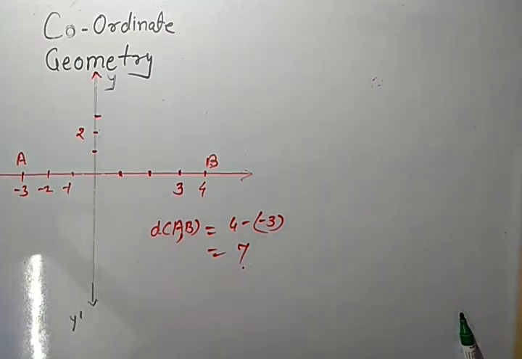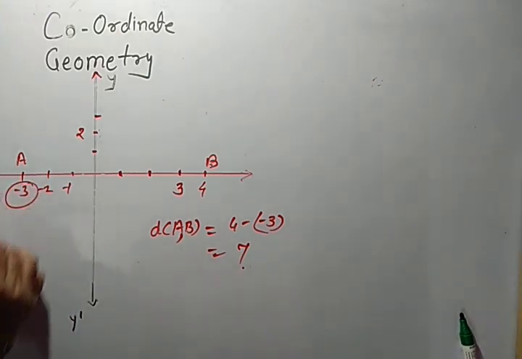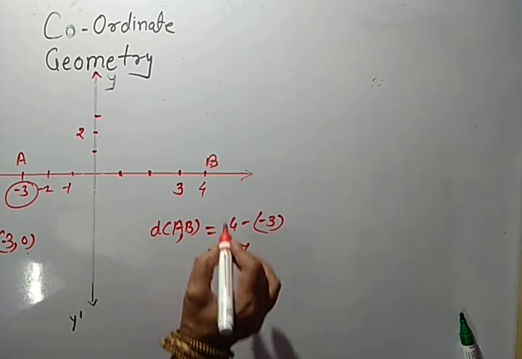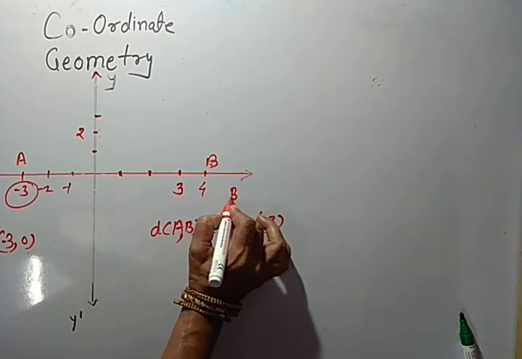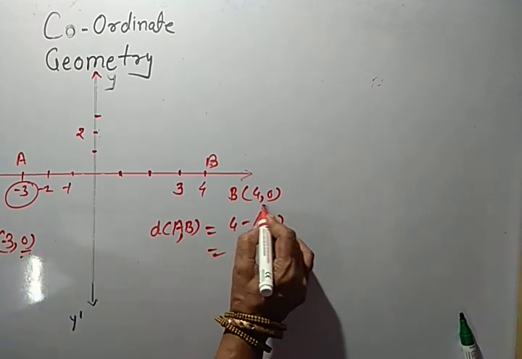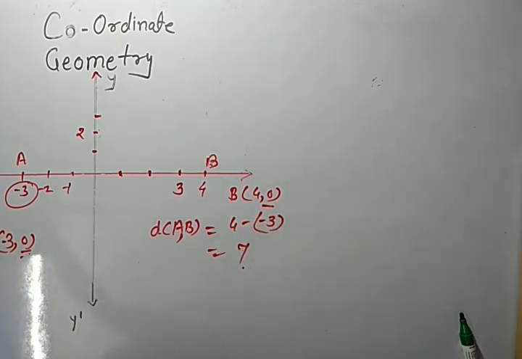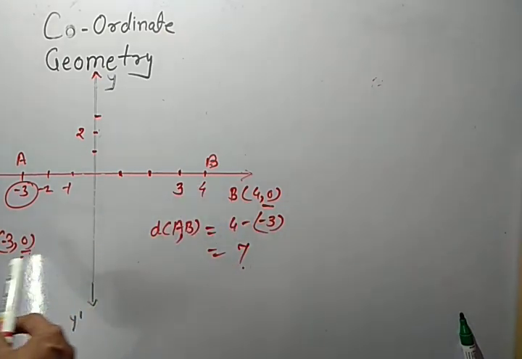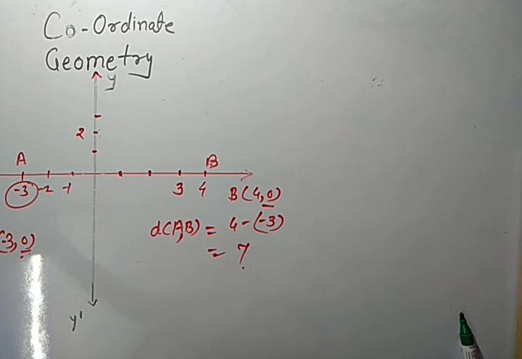Did you get it? These points can also be written in a different manner: A can be written as (-3, 0) and B as (4, 0). Here the y coordinate is the same, and therefore the distance AB is just the subtraction of the x coordinates.